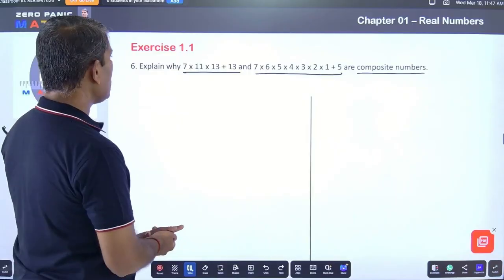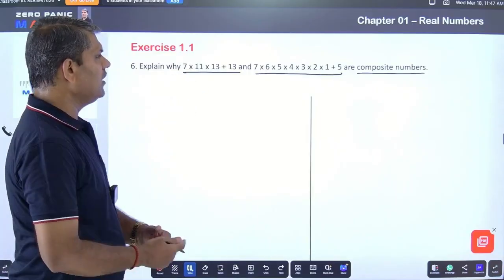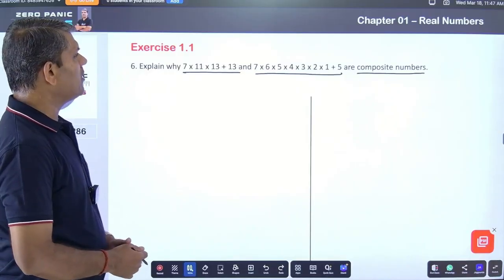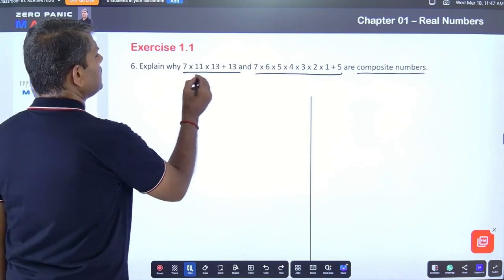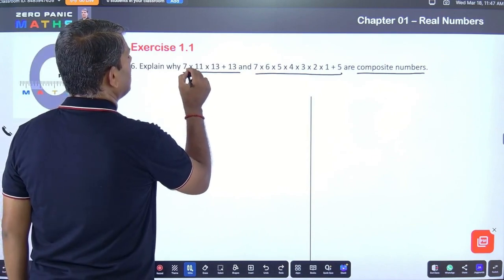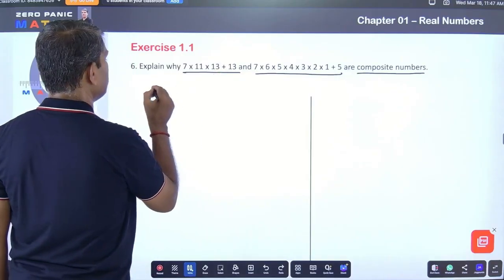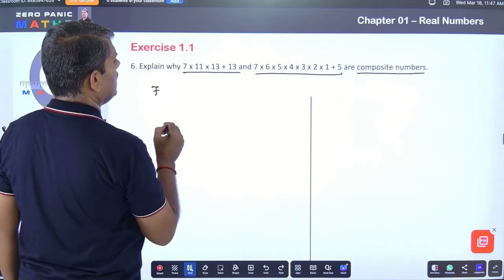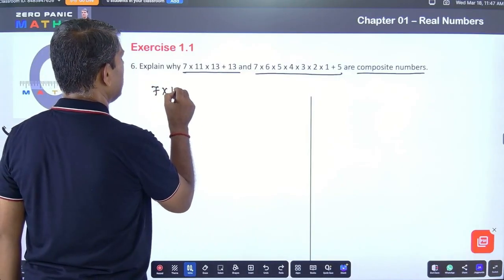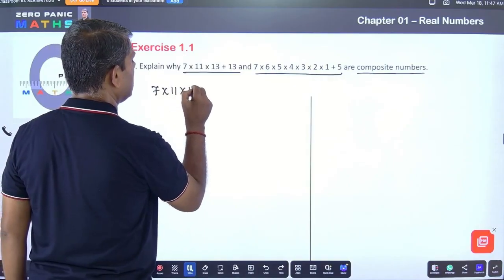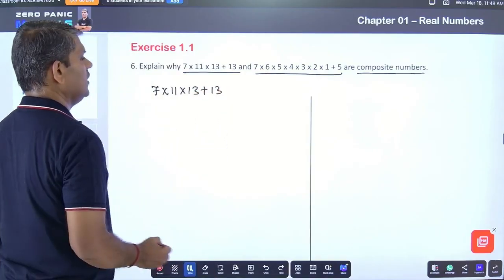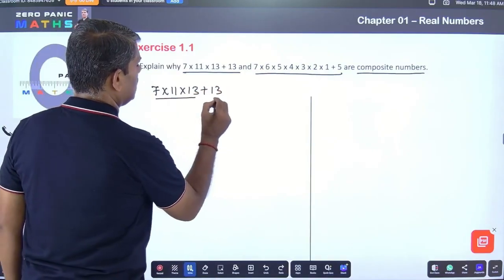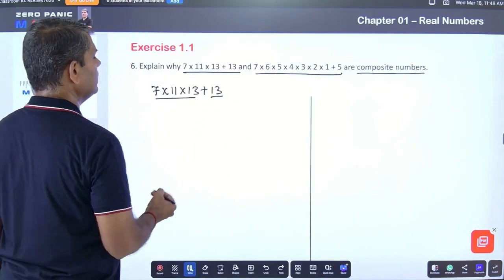Let us start with the first number: 7 multiplied by 11 multiplied by 13 plus 13. Let us find out the value of this number first. This is one term, this is the second term.